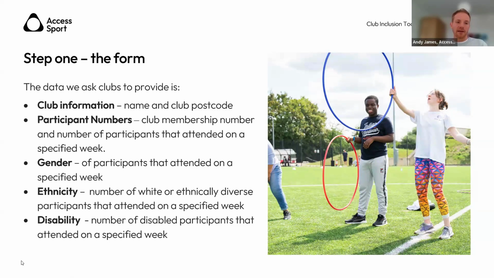If the data is available at your club to submit specific numbers, great, plug those in, but the tool is designed to allow for best estimates on that. I recognize that's not perfect, but to allow this tool to function, it feels like a reasonable way of working, and that depends on the size of the club and what's feasible to do.